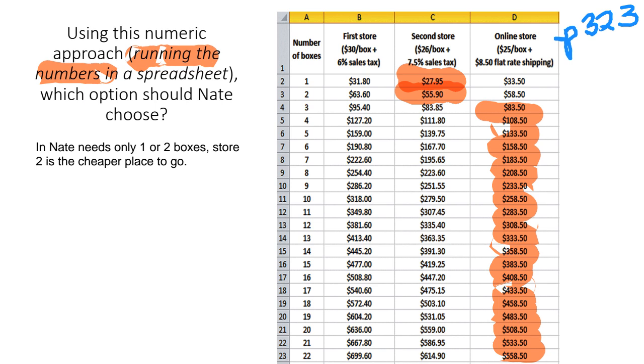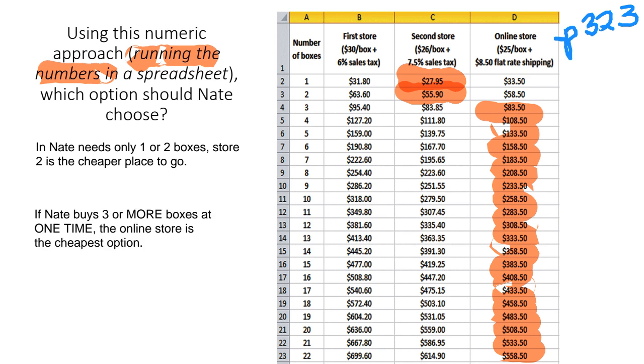If Nate buys 3 or more boxes at one time, the online store is the cheapest option. So it's not just a number, it's a sentence. So when you look at something like this in Pearson, read each option carefully.